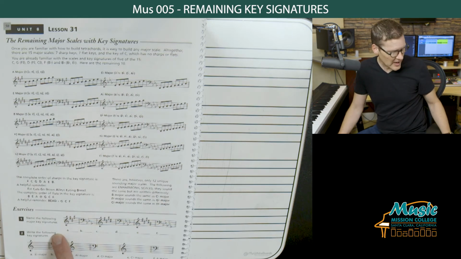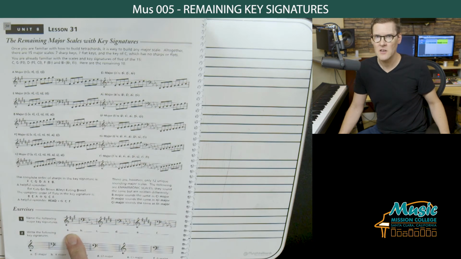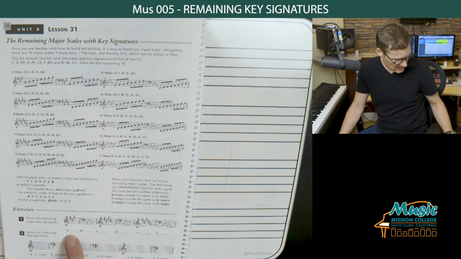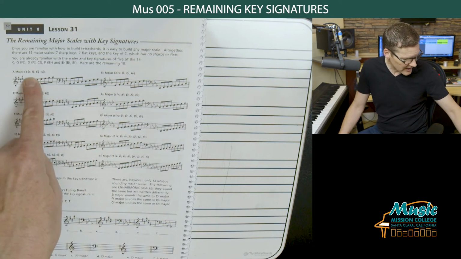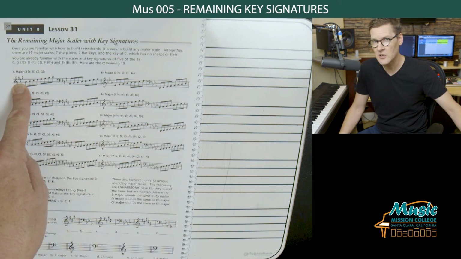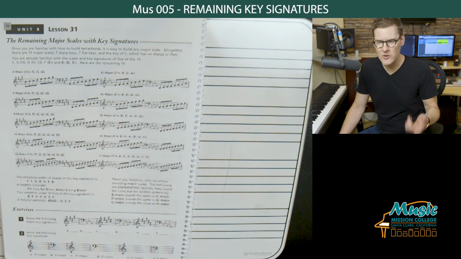So at the bottom of page 50, practice identifying what key it is, and just cheat. Just look up here. Okay, the first one has 3 sharps. What's that? Oh, right here. This one has 3 sharps. That's the key of A major. Later on in the class, I'm going to show you some tricks for identifying key signatures or keys.